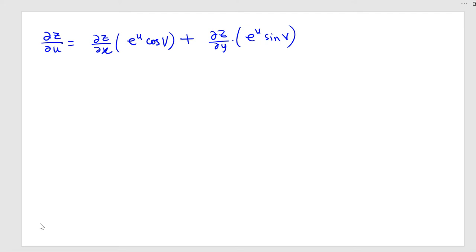So in place of this, we can write x times del z del x plus y times del z del y, because e to the power u cosine v is nothing but x, and e to the power u sine v is nothing but y.